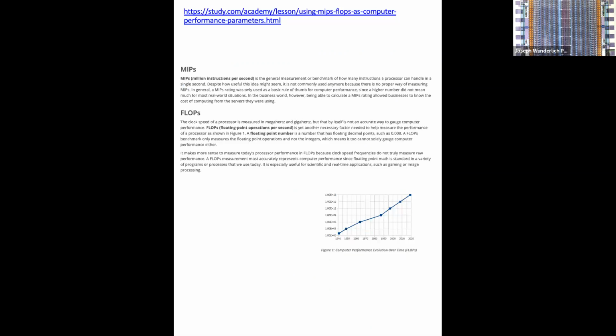And a couple of common performance standards from long ago. If you drill down into the machine instructions per second, and also floating point operations per second, for your high precision scientific notation, binary floating point, double and single precision that you need for your multimedia and streaming and audio and video.